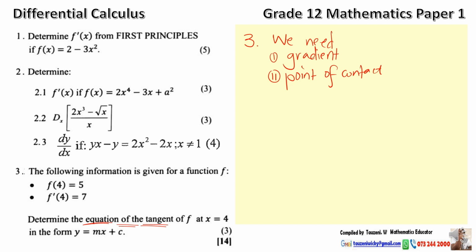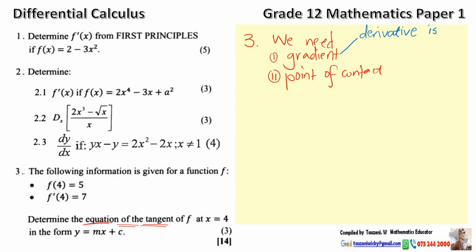Very much important. The gradient comes from the derivative. Now, if you go back to Introduction to Calculus, you'll remember that the derivative is the rate of change. And the rate of change is basically the gradient.